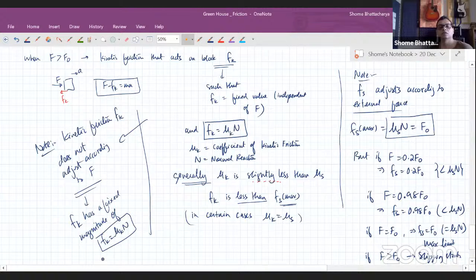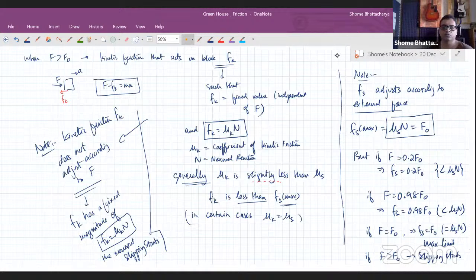The moment slipping starts between the block and the surface, a fixed magnitude of kinetic friction acts. So as we increase the external force F, there's going to be no change in the value of kinetic friction. The value of kinetic friction is going to remain fixed.